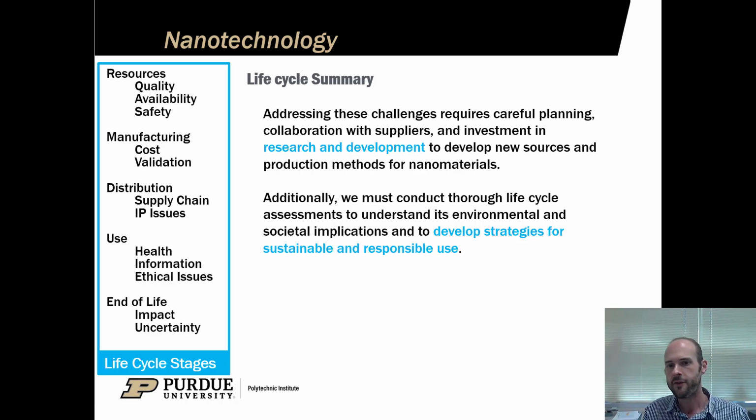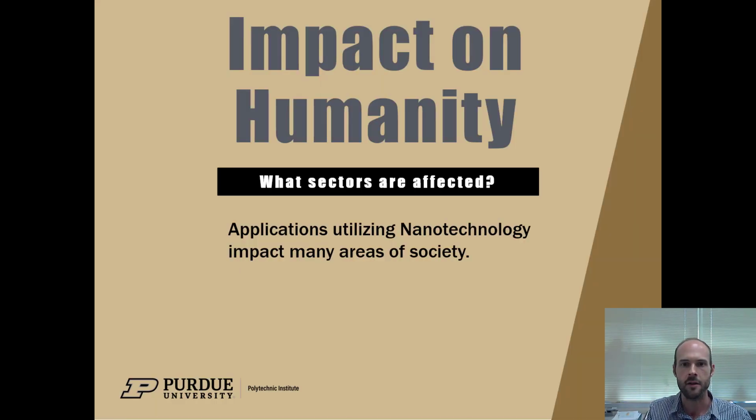And with strategies for sustainable and responsible use and disposal and equitable distribution, things like that, it is possible that we can enhance parts of society with nanotechnology. So that kind of approached what is the impact on humanity, which was our third big question that we wanted to discuss.